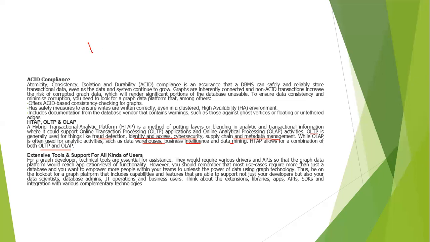So OLTP means what? OLTP means transactions. OLAP means analytics. If you are transferring some amount from X account to Y account, there may be a chance of fraud. So if you want to avoid fraud and send the amount correctly, whether your database is right or wrong, each one would be identified by the OLTP process.